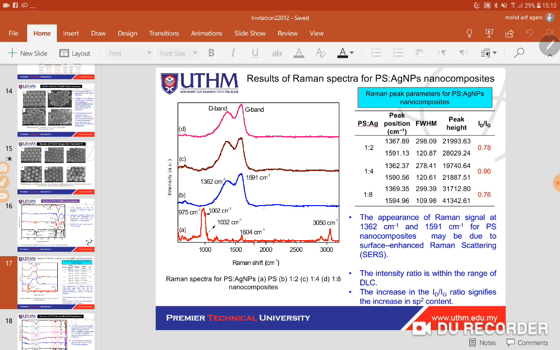So when we put nanoparticles inside it in the nanocomposite, we can see that it has already changed the polystyrene. By just doping, the nanoparticles seem to make a clear presence, making the polystyrene somehow restructure itself.